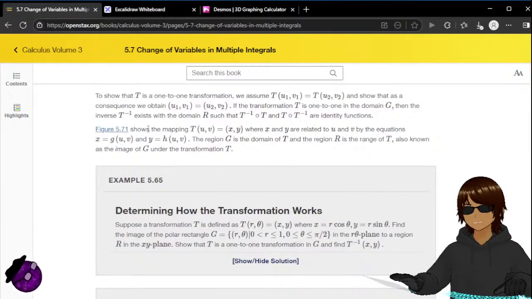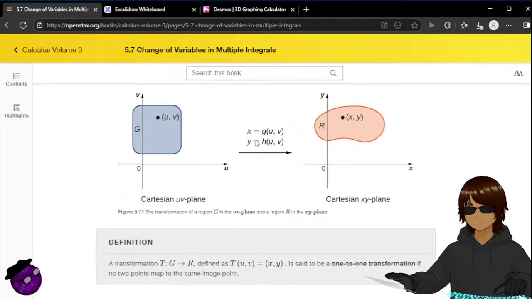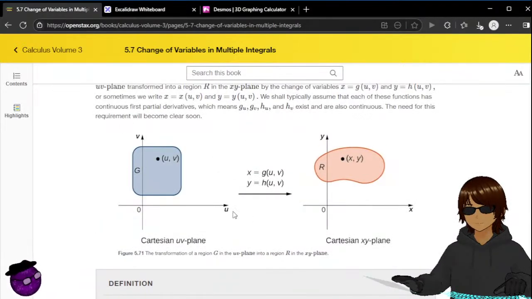Figure 5.7 shows the mapping T(u,v) = (x,y), where x and y are related to u and v by the equations x = g(u,v) and y = h(u,v). So we have u here, and v here, and x is equal to g(u,v), and over here we're plotting the x, and y is equal to h(u,v), then we are plotting the y here.